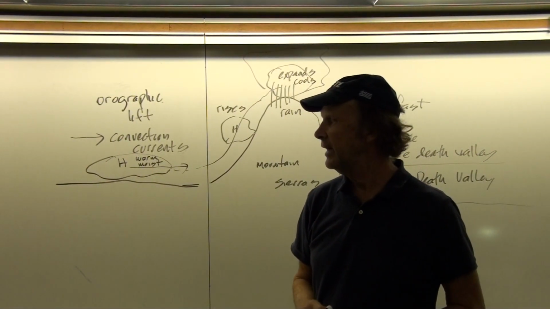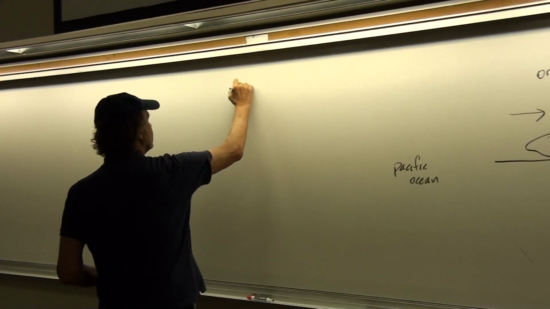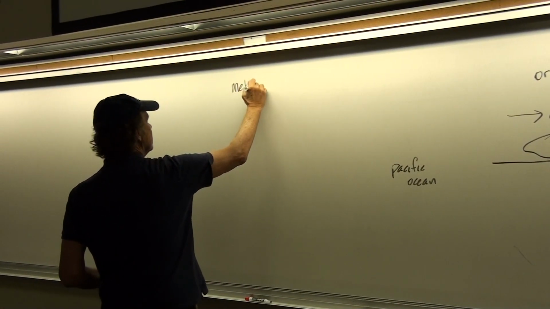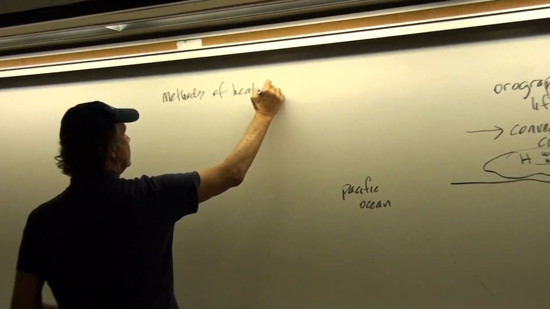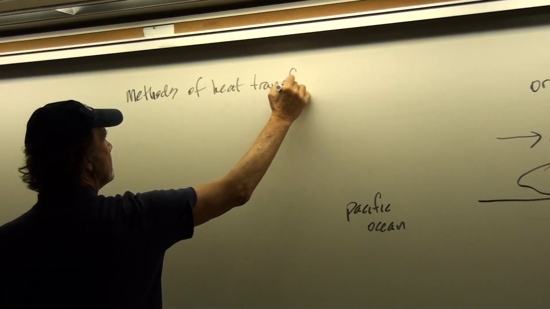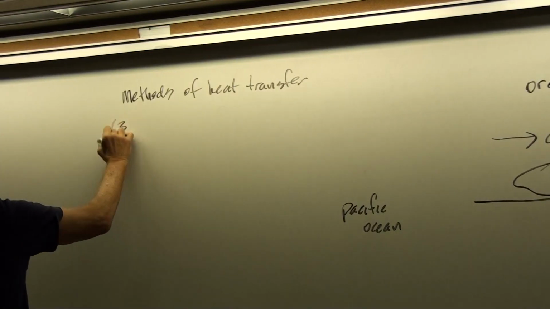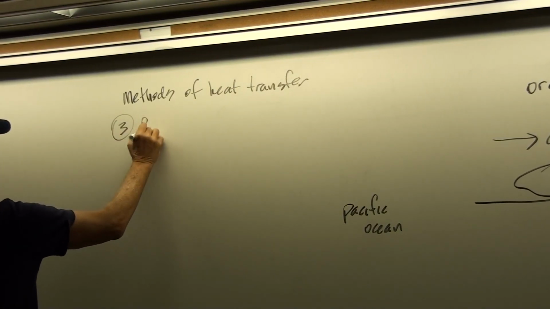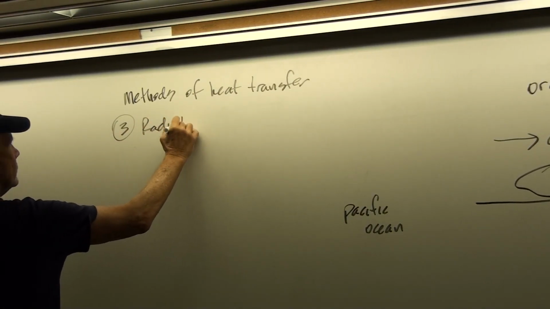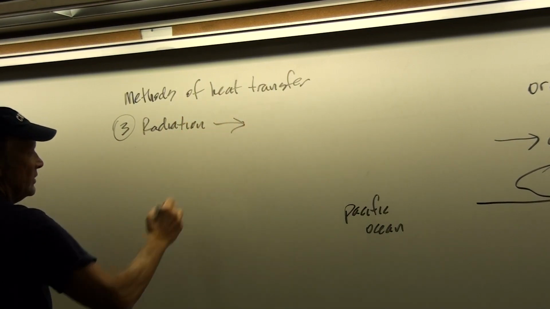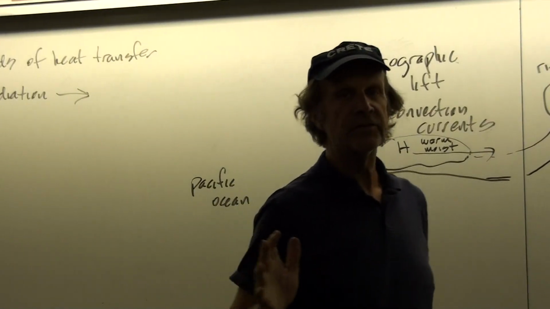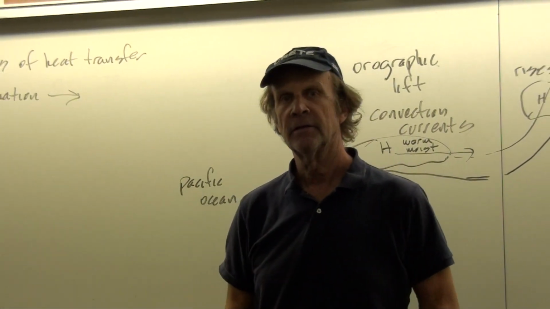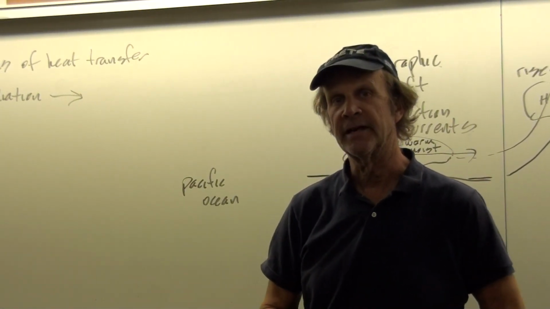And then finally, the third type of heat transfer. Remember, we're on heat transfer here. Number 3 is radiation. So in radiation, heat is transferred by means of electromagnetic waves.